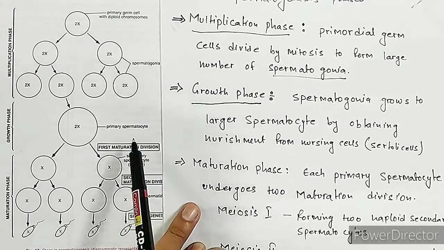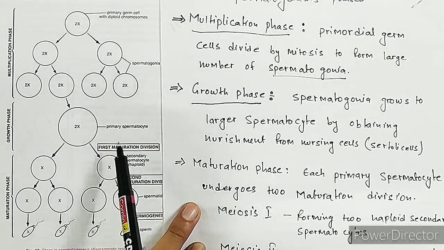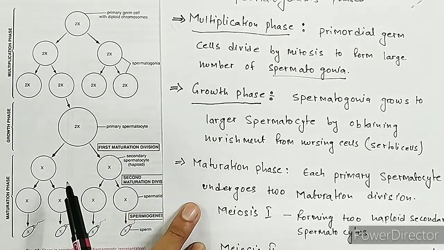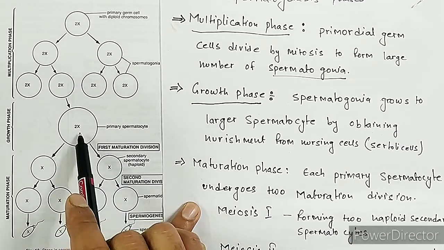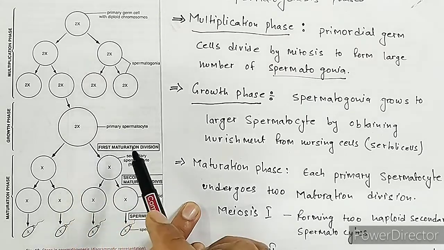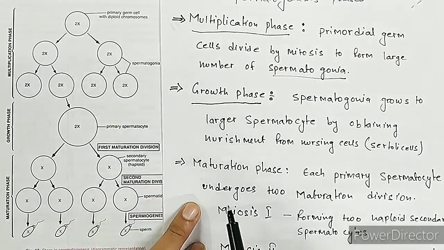And then this spermatocyte enters into the maturation phase. Until now, they have 2n number of chromosomes.